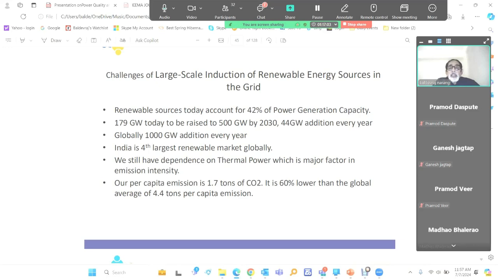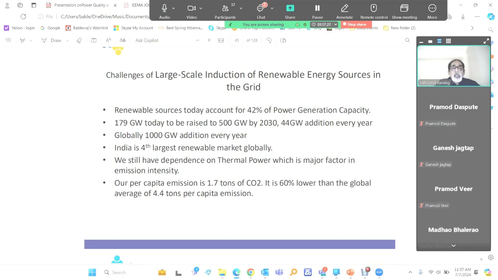It is a very massive addition, and globally also the same. It has to be 3 times whatever capacity we have today. It has to become 3 times by 2030. So globally we have to add about 1000 gigawatt every year, and as of today it is about 3500 gigawatt.